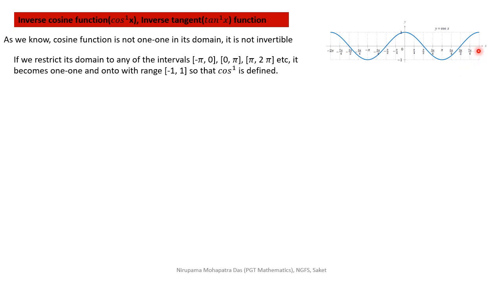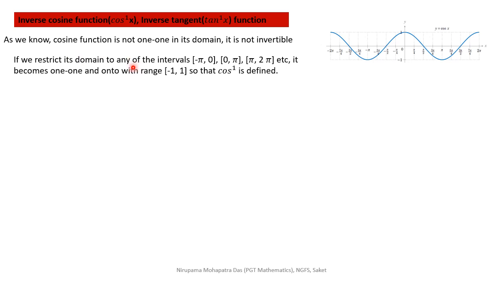The value gets repeated, that is what we mean by a periodic function. You can see all these repeated values. Whenever you take cos of pi by 2, 3 pi by 2, 5 pi by 2, it is 0, like this, so it is not one-one basically, so it is not invertible.